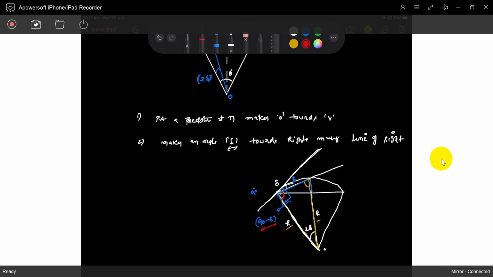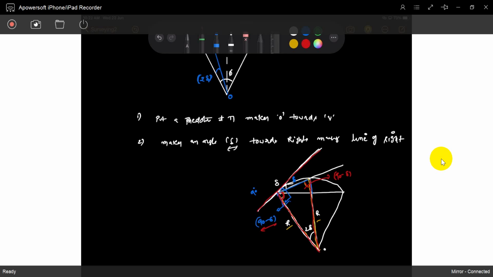So if it is 90 minus alpha, this one also comes to 90 minus alpha, because both are isosceles triangles with two equal sides. Since this is a tangent, the total is compulsorily 90, so the remaining is 90 minus alpha.